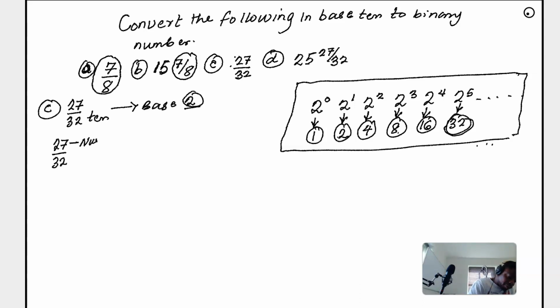This is our numerator, and this is our denominator. What is important for you here is the numerator. Our numerator is 27. So let's see what can give us 27 here. 32 is already greater than 27, so we cannot use this. Let's go to 16. 16 plus 8, that is 24.